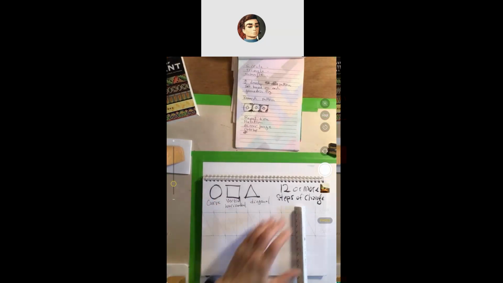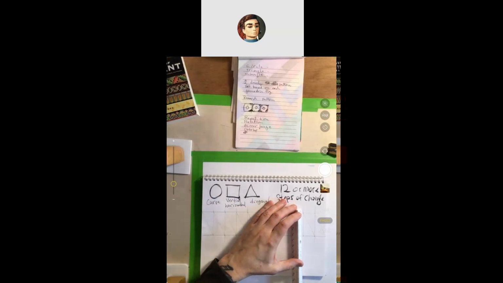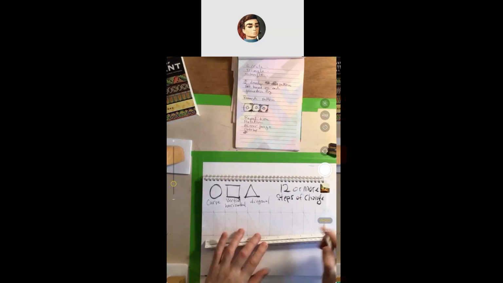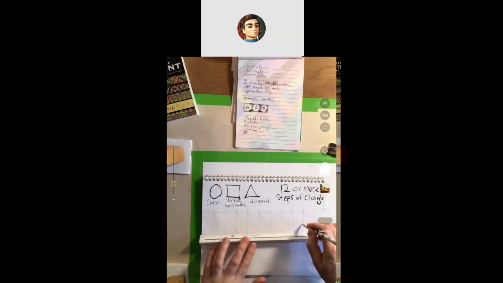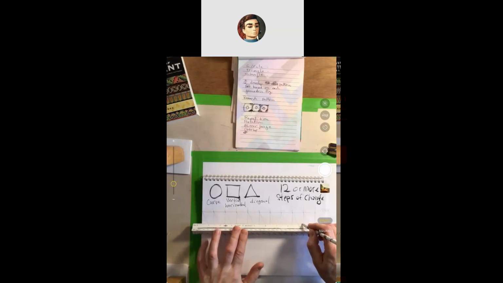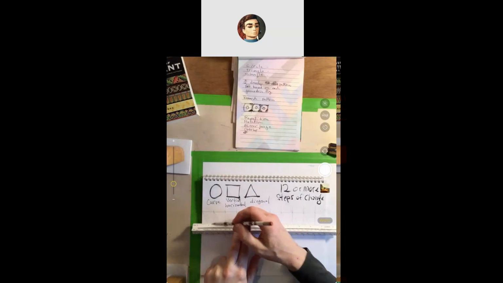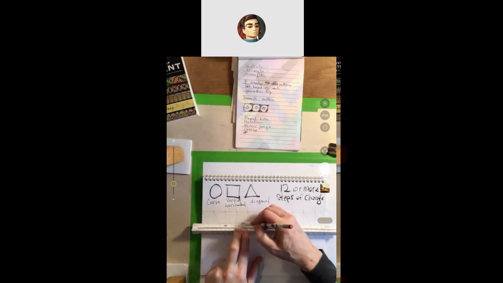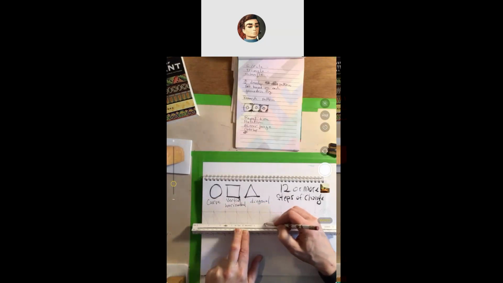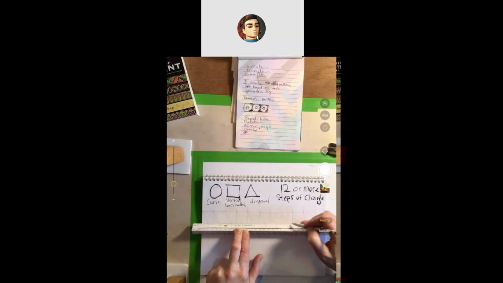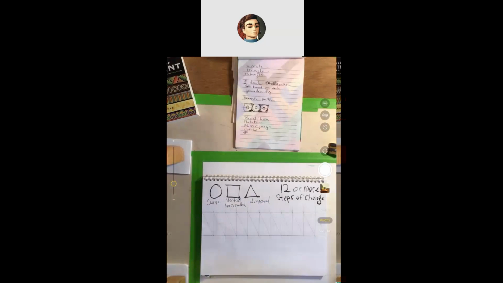Boop. I'm going to put a mark at 1 inch halfway. So I know where the midpoint is on the hypotenuse of that triangle.